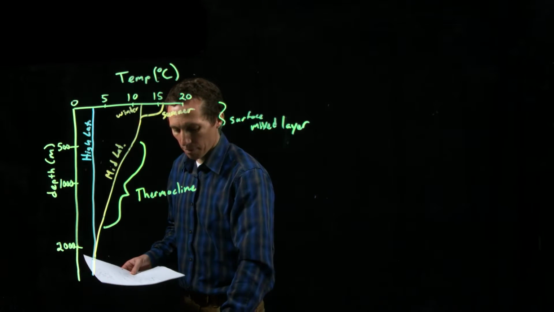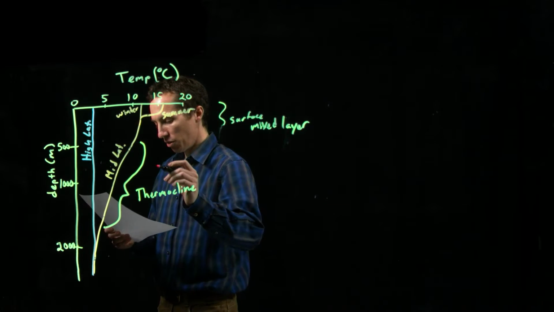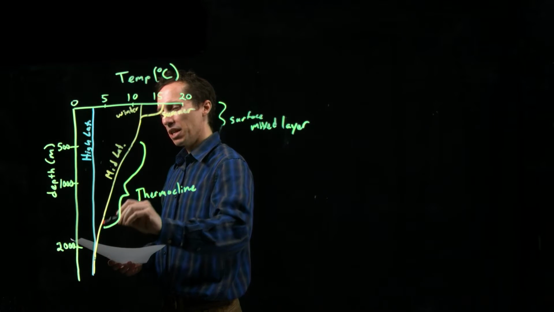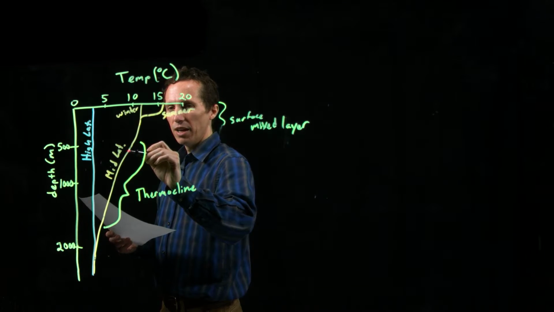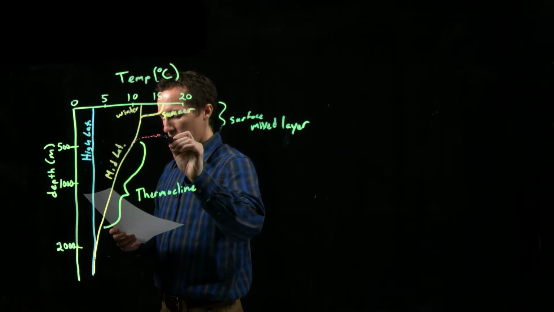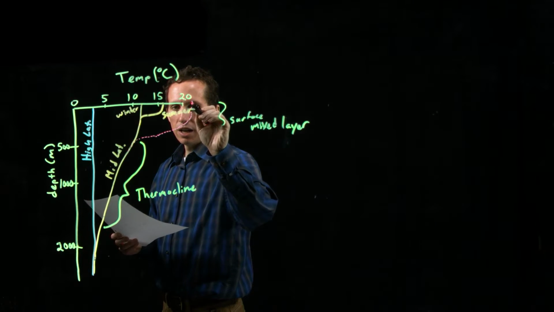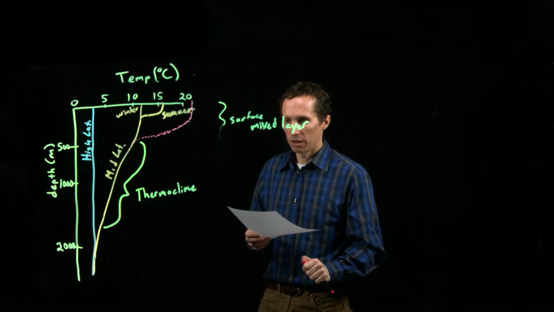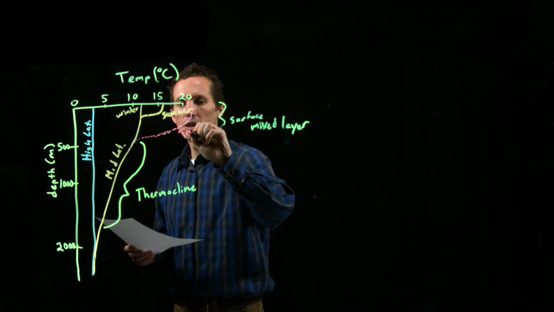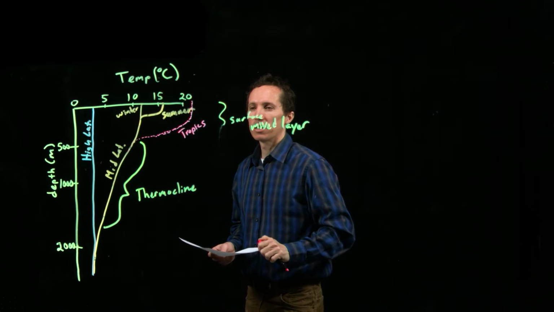And then in the tropics, we've got an even different situation where it follows the same sort of pattern through the thermocline, but then we often start increasing temperatures, and those go up to 20 degrees or slightly more in the surface waters of the tropics.